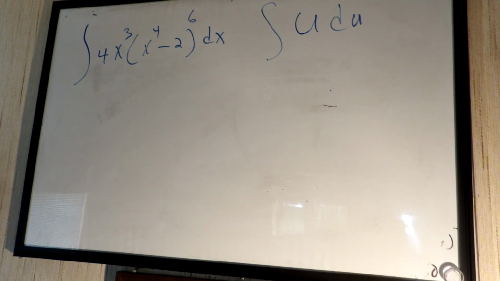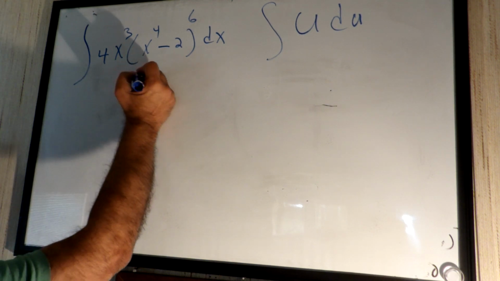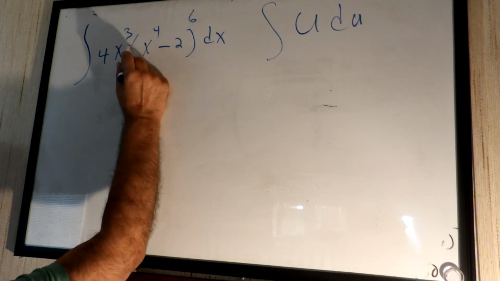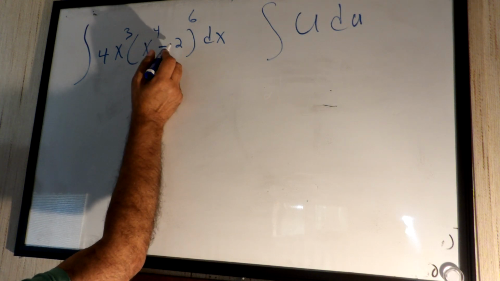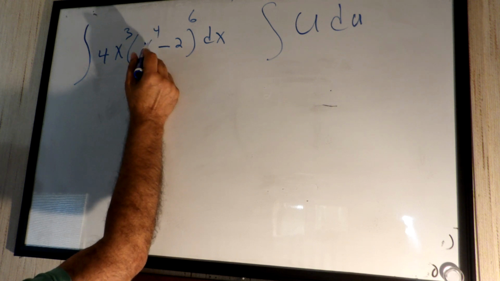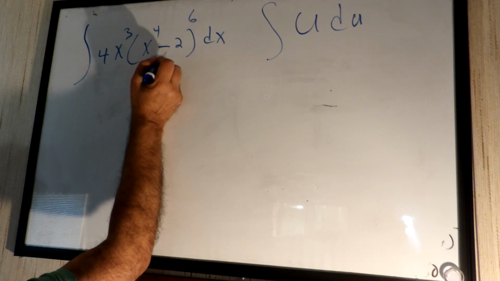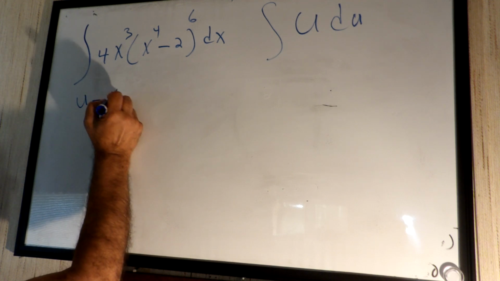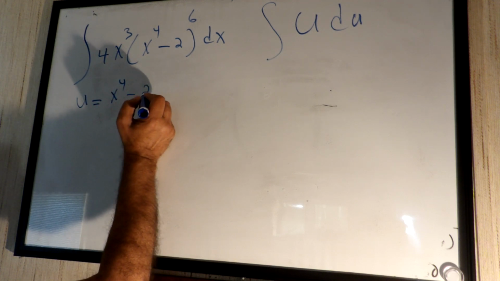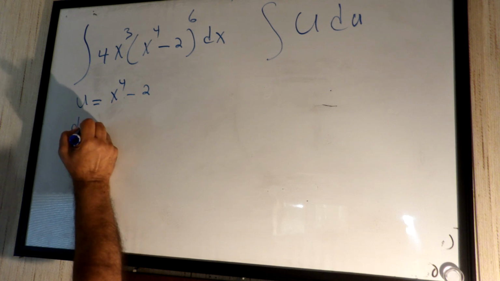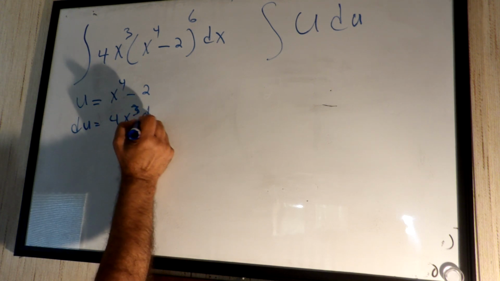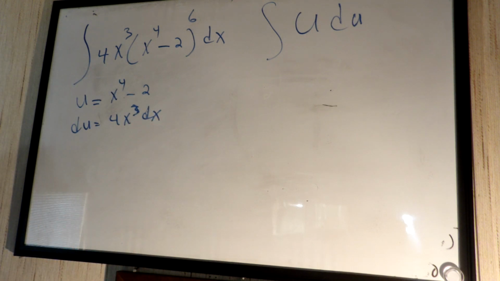The one that has the higher exponent, like here x to the power of 4, use this one as u. So u is equal to x^4 - 2, and du, what is going to be? 4x^3 dx. So what we do, we just substitute there.